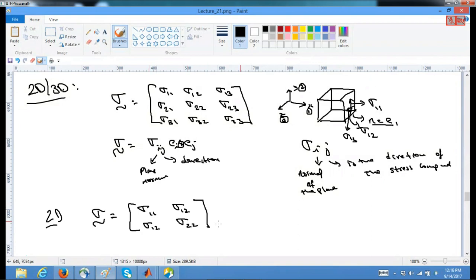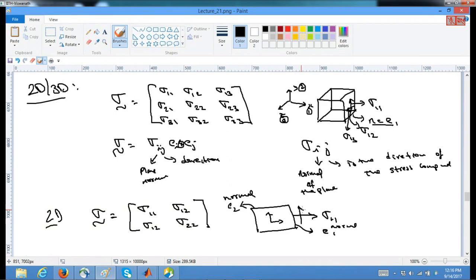So for example, I can represent this using a stress block. Let's say this is x and y. The normal for this is E1, and the normal for this one is E2. So this component is along the 1 direction, so this is sigma 1 1.